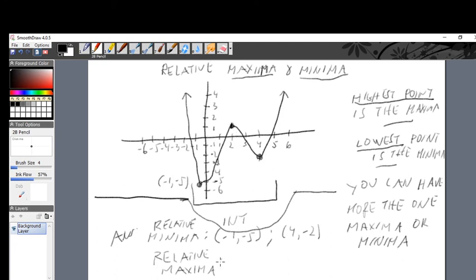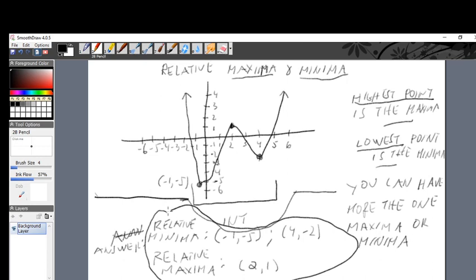So the coordinates are 2, comma, 1. And this is the entire answer for this question. This whole thing is the answer. And that's it for this video.